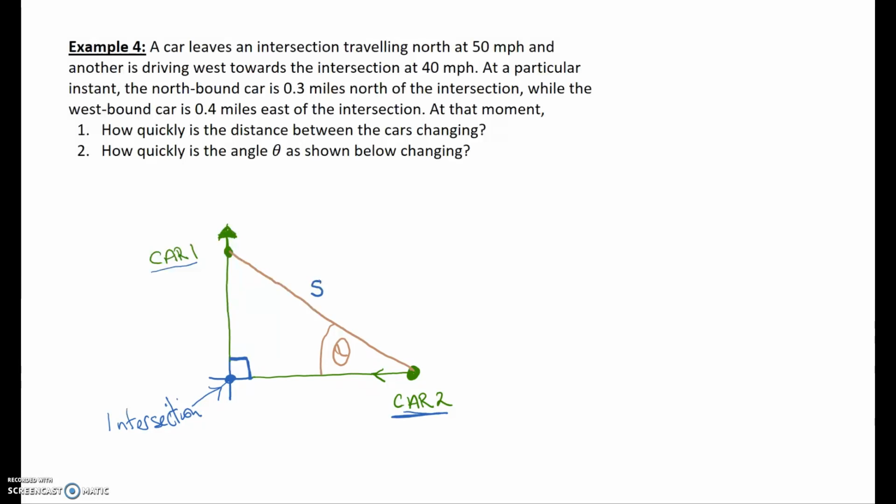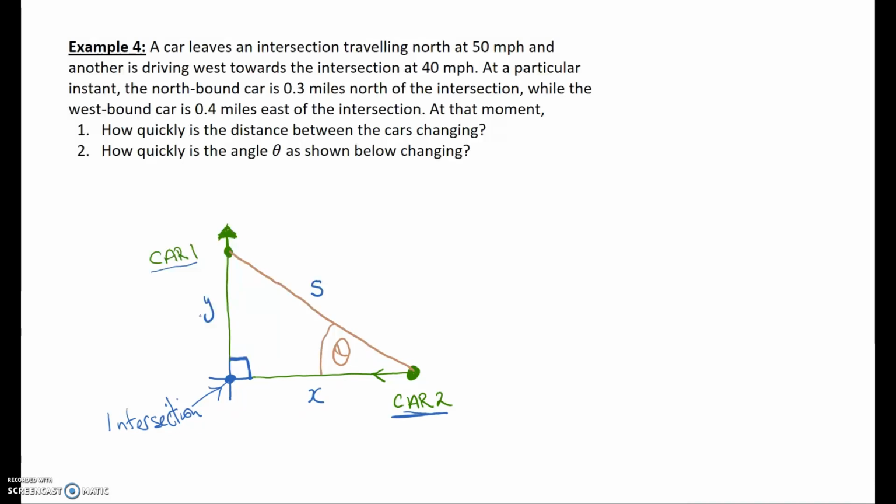Now the temptation is to label these as 0.3 and 0.4, but they are changing all the time. So we can't actually write down 0.3 and 0.4. You have to label them as X and Y. Now along the horizontal, that's normally what we call the X-axis, so we might as well label that as X and then label this as Y. But let's carefully define each of these variables here now.